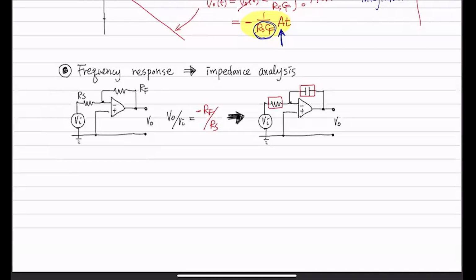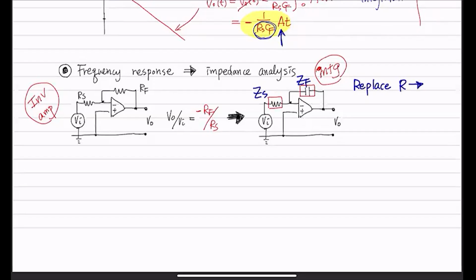And that is converted into an integrator, and this RS and RF is converted into RS and CF, right? And when we are doing this impedance analysis, we can just call this impedance ZS and impedance ZF of a capacitor. So replace R's with Z's.